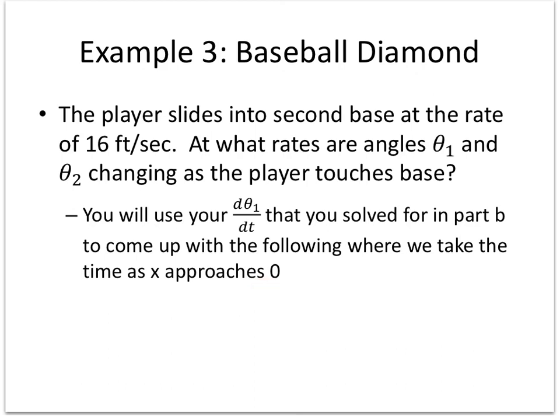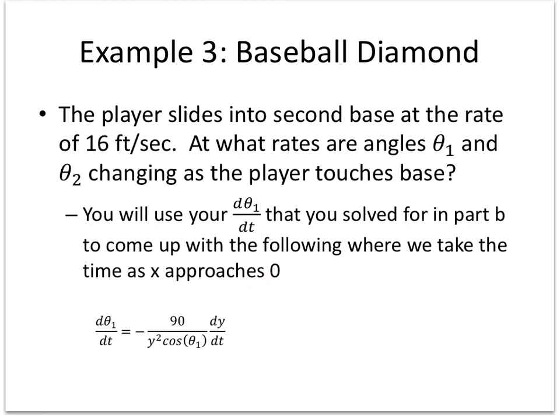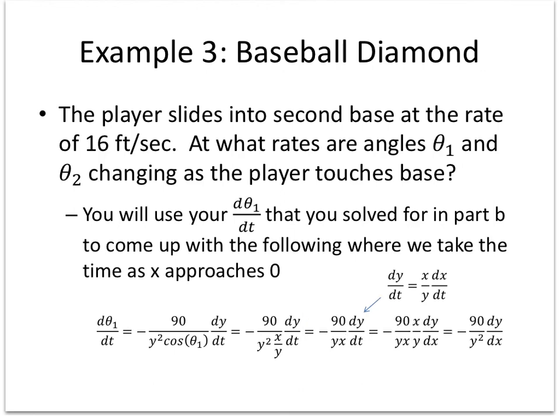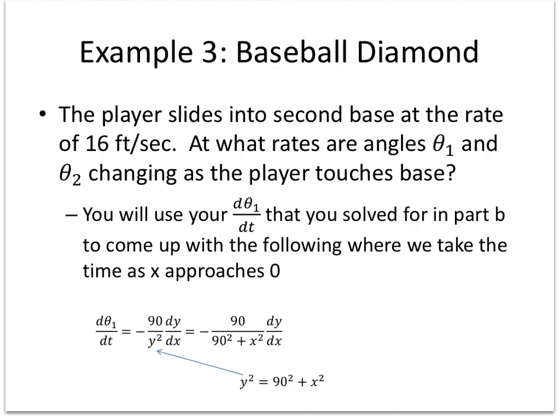So I'm taking a limit. These are all the steps that we already did. So I plugged in my x over y times dx dt, and I end up with this, my y squared. I'm just plugging in all my pieces here.